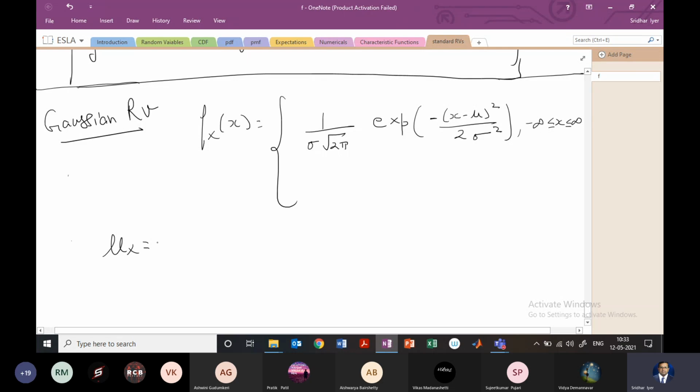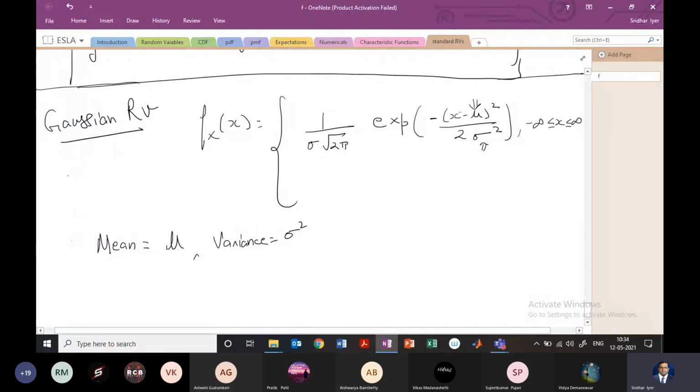So the mean value for this random variable is just mu, which we have written here, and the variance value is just that sigma square, right? So to avoid confusion, I'm just going to write that the mean of the Gaussian random variable is mu, and the variance of the Gaussian random variable is sigma square.